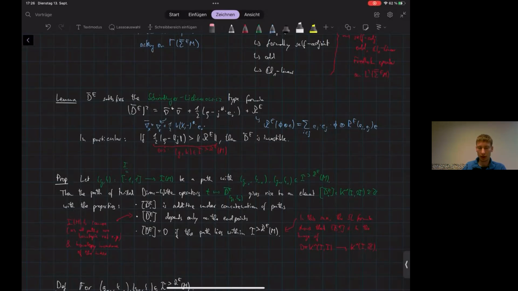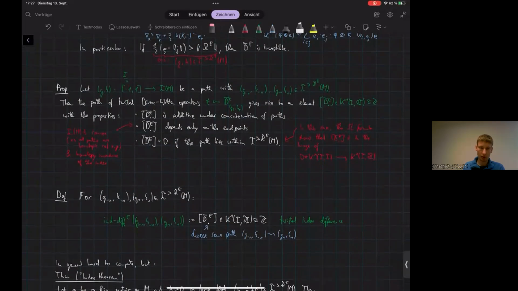And the last thing, which is a consequence of the Schrödinger-Lichnerowicz type formula, is that when we can deform the path such that it lies within this space where the dominant energy condition is very, very strictly satisfied, then this index will be 0. Because then all the operators will be invertible, and therefore there is no spectral flow.